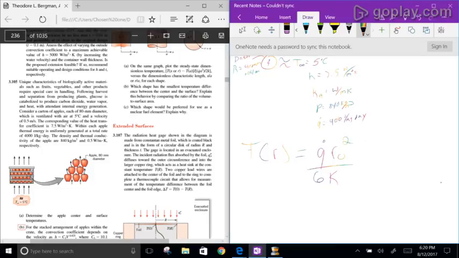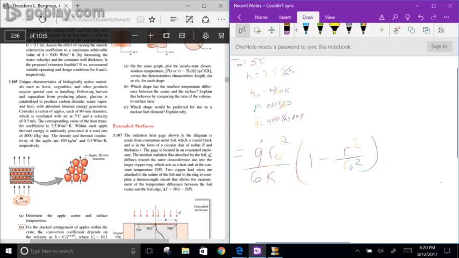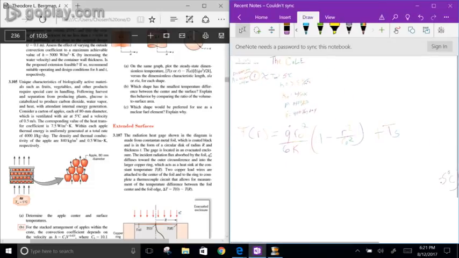Times 1 minus r squared over r naught squared, and plus the surface temperature. So we're going to use this formula for this, and this is the spherical temperature distribution.